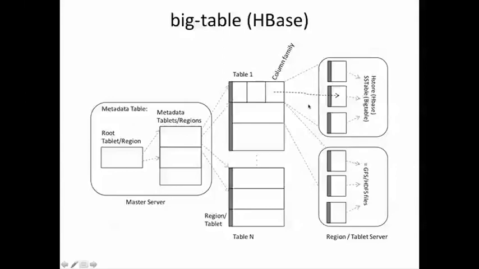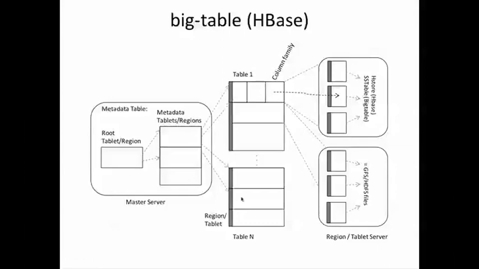Each such chunk is served by a tablet server, which takes care of 3 separate replicas as they are maintained in GFS, as we've seen before. And the tablet servers together form the entire Bigtable.